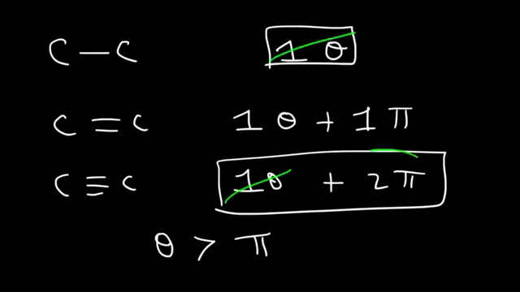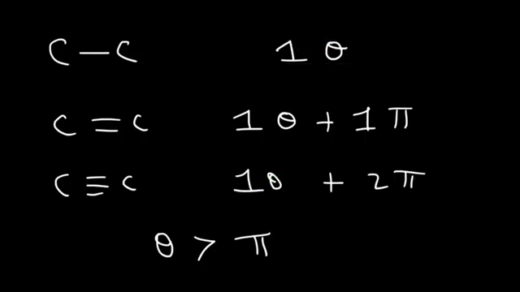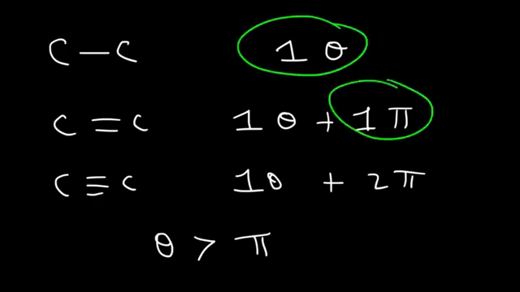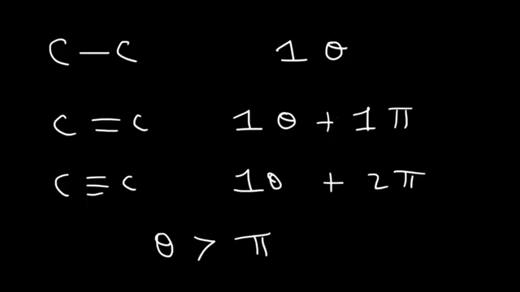The triple bond is going to win because it has 2 additional pi bonds. But if we compare one sigma versus a pi bond, the pi bond is weaker. It's easier to break a pi bond, but it's harder to break a sigma bond. So just keep that in mind. Sigma bonds are stronger than pi bonds.